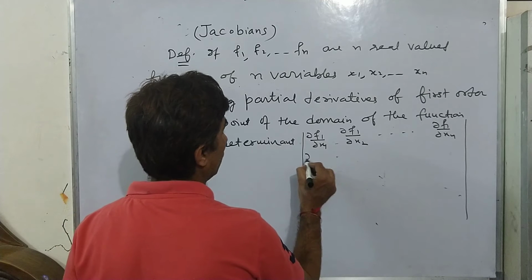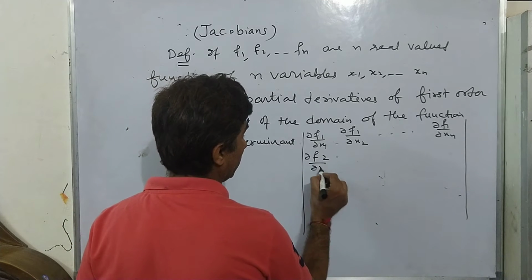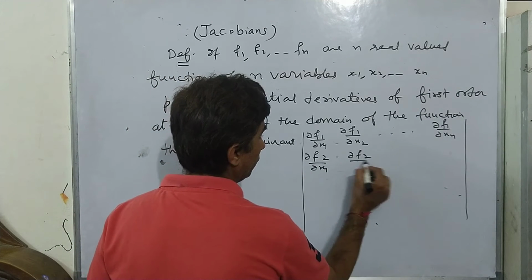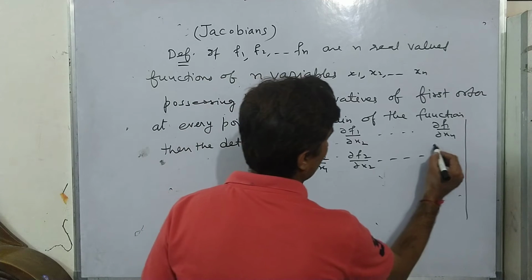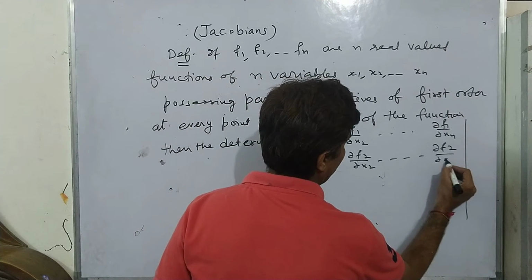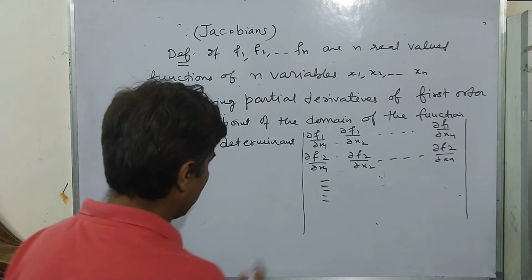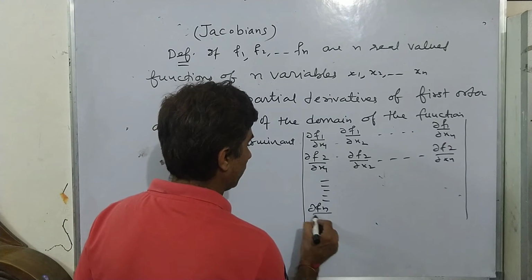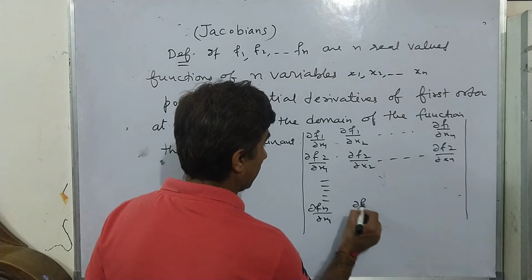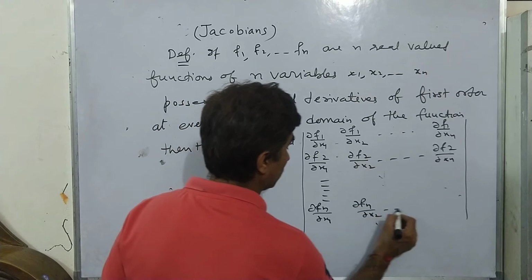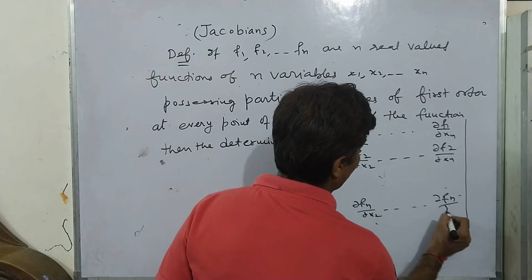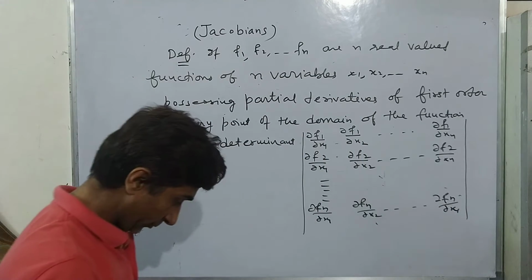Similarly, second row ∂f2/∂x1, ∂f2/∂x2, ..., ∂f2/∂xn, and so on, up to the last row ∂fn/∂x1, ∂fn/∂x2, ..., ∂fn/∂xn.